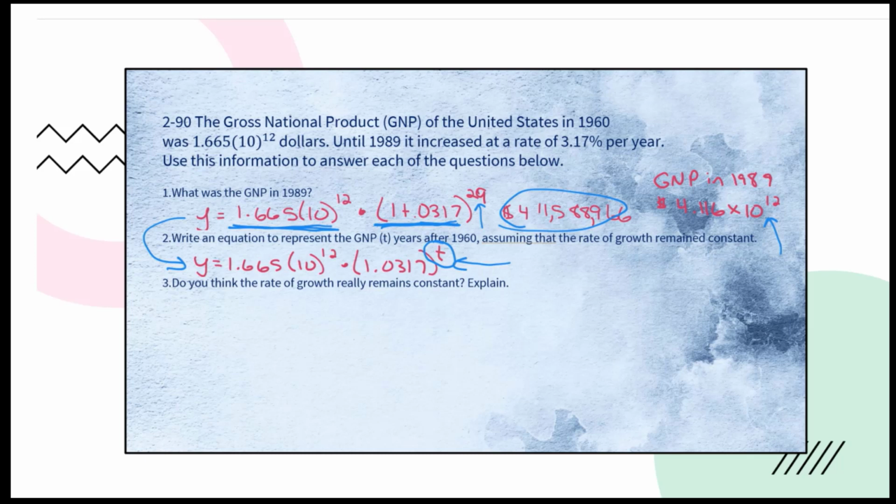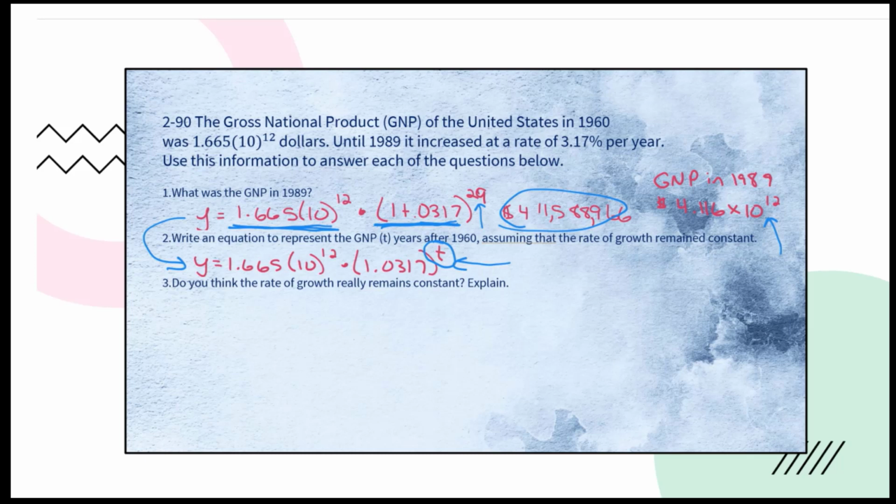Now, it does say in number 3, do you think the rate of growth really remains constant? Well, if you look at the wording of the question, it says until 1989, it increased at a rate of 3.17% per year. So it was constant from 1960 to 1989. But that we don't know. I mean, we could look it up, but we don't know what the GNP was for 1990.